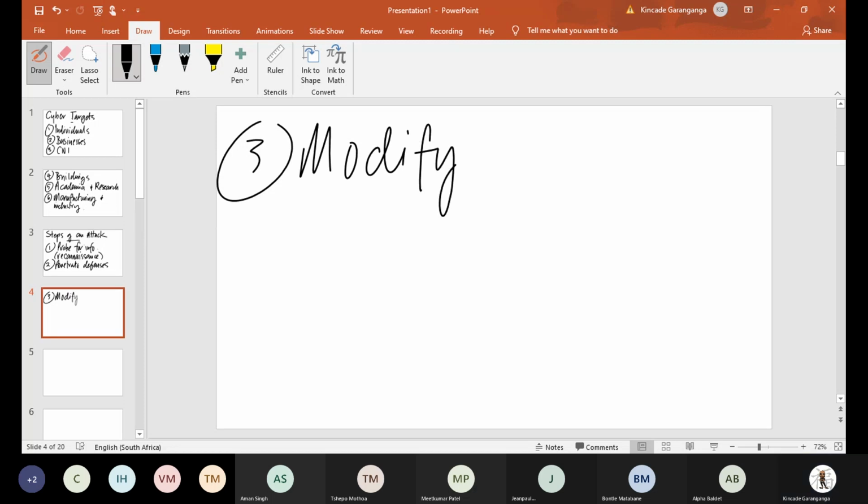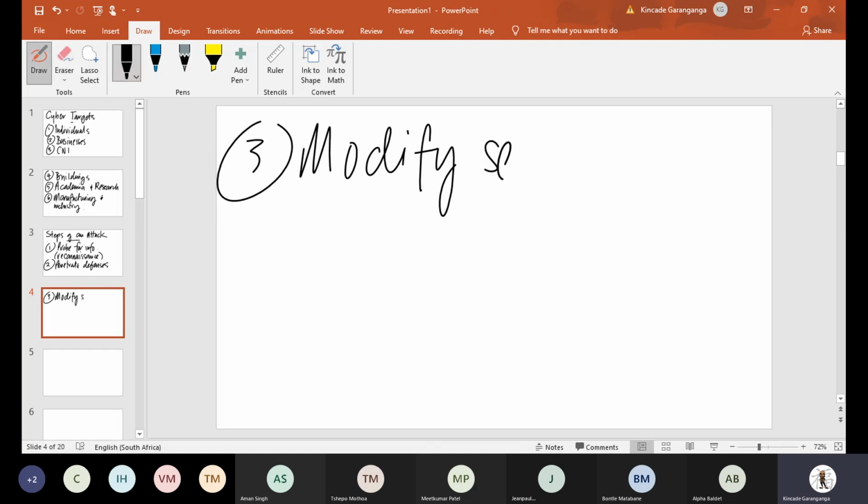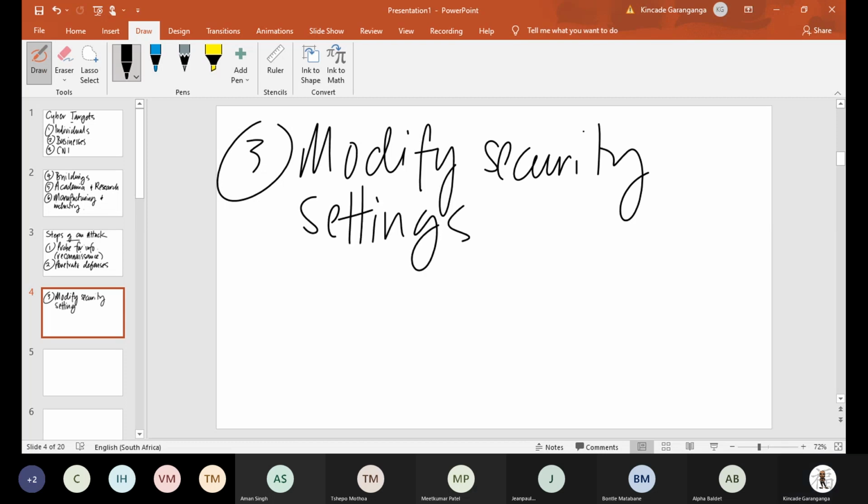So, modification of security settings. In this particular instance, this allows the attacker to re-enter the compromised system more easily, right?